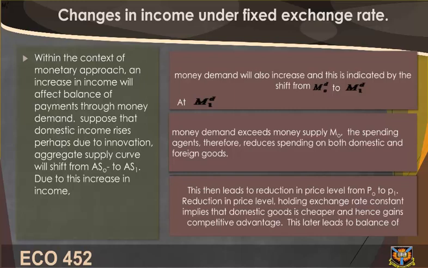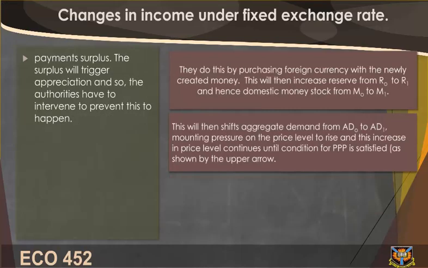Money demand exceeds money supply M0. The spending agent therefore reduces spending on both domestic and foreign goods. This then leads to reduction in price level from P0 to P1. Reduction in price level, holding exchange rate constant implies that domestic goods are cheaper and hence gain competitive advantage. This later leads to balance of payment surplus.